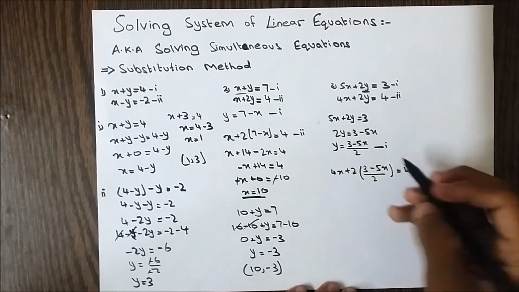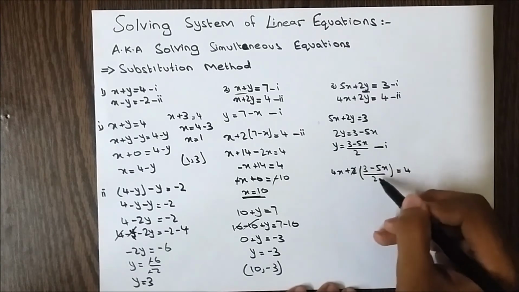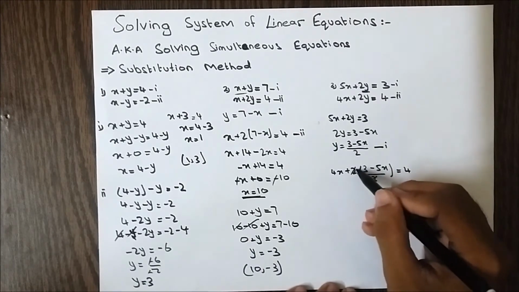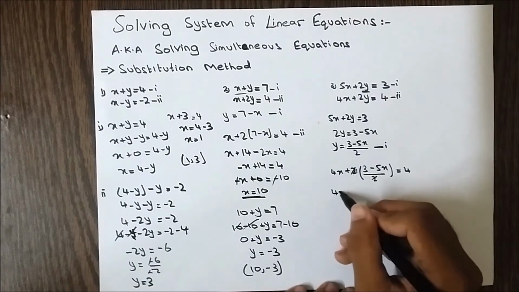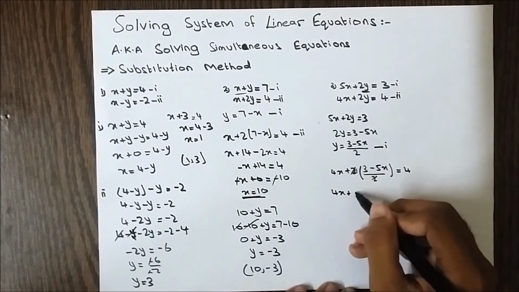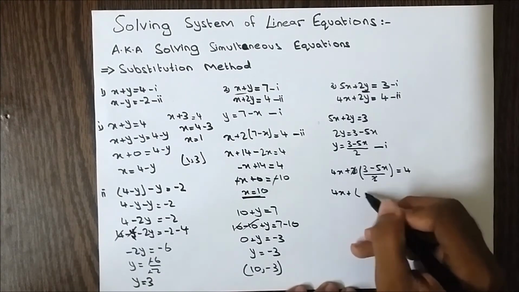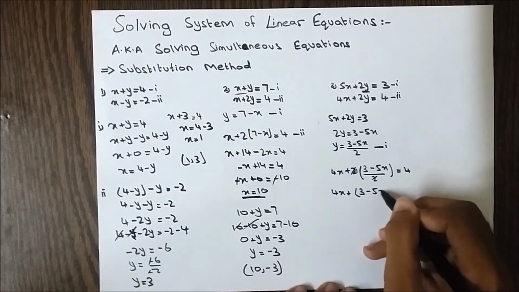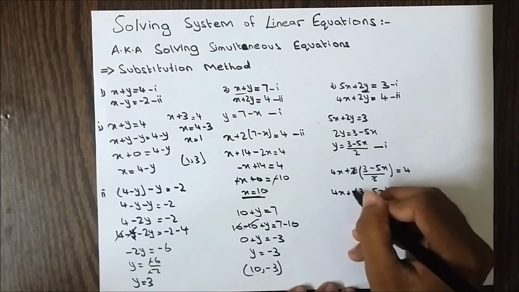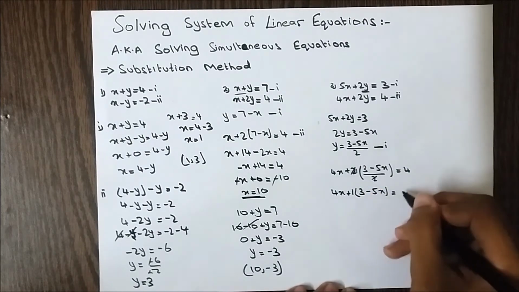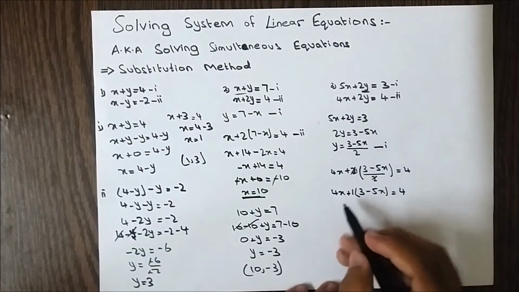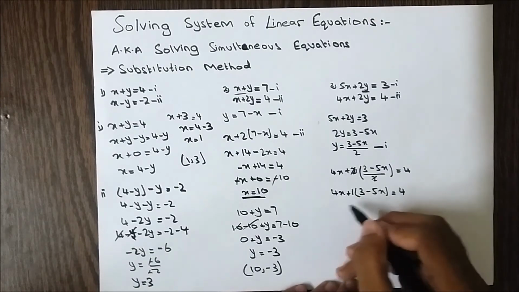So we can cancel this 2 out, which becomes 1. 2 times 1 is 2. This becomes 1. So 4x plus, we can write 1 or we don't, it doesn't make any difference, 3 minus 5x, or let's write 1 for better understanding. And this becomes 4. We multiply 1 with this bracket and open it.